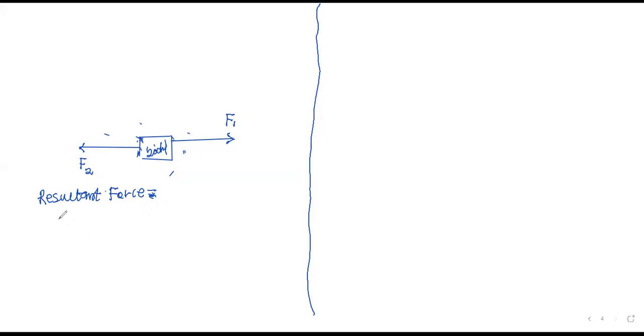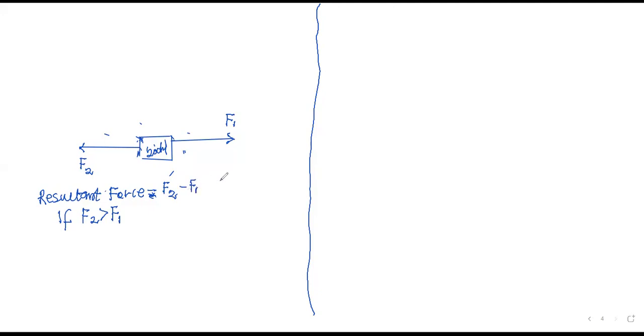So if F2 is greater than F1, Ella, what will be the resultant force? The resultant force will be F2 minus F1. So if F2 is greater than F1, the resultant will be F2 minus F1.